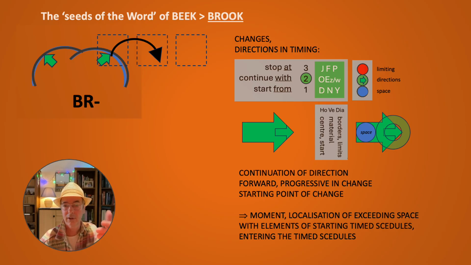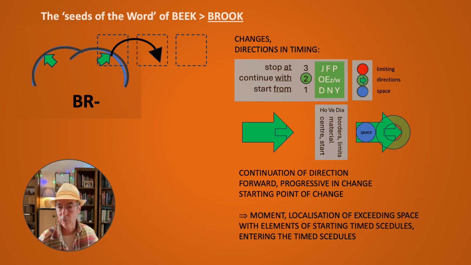If you just read it, it says continuation with a starting point. It is about directions, so it is a continuation of directions forward, in a horizontal way. So in progression, it's making a change, and it's also the starting point of change of material as well.